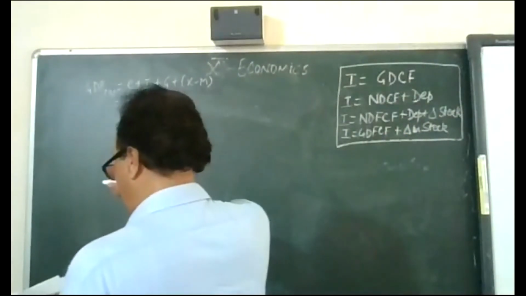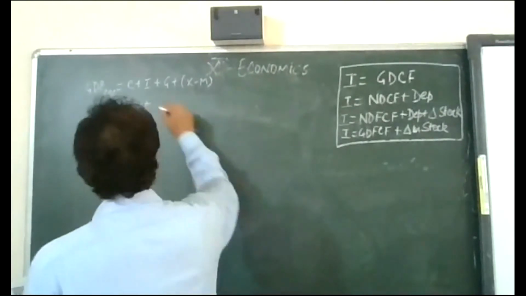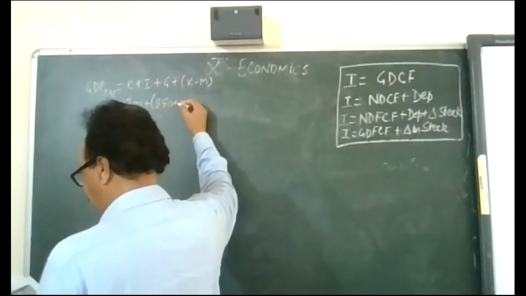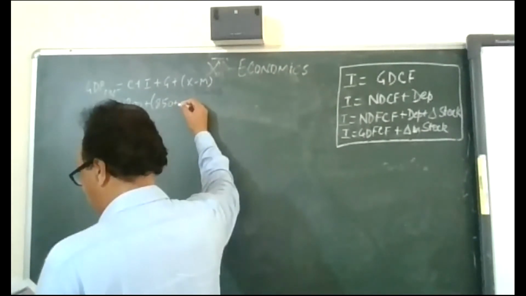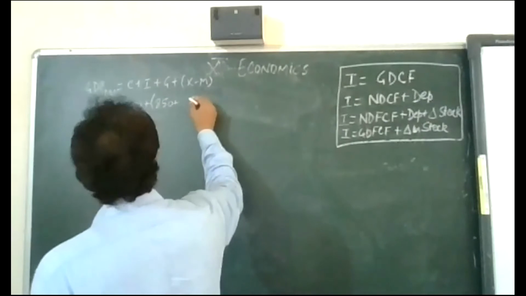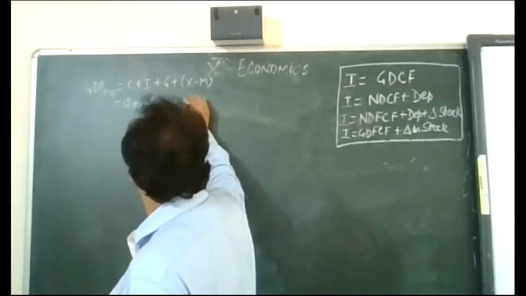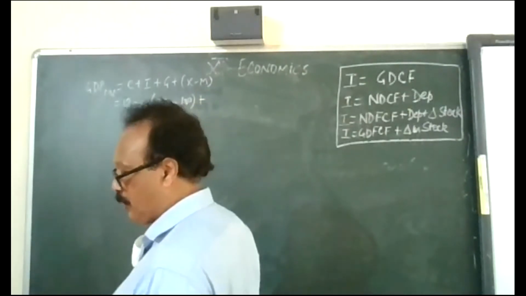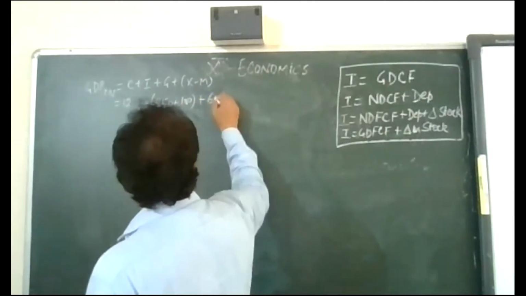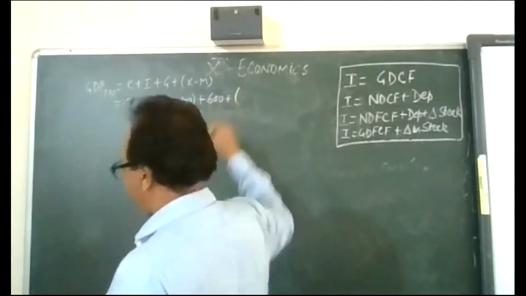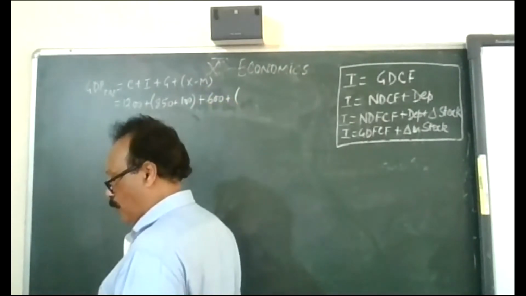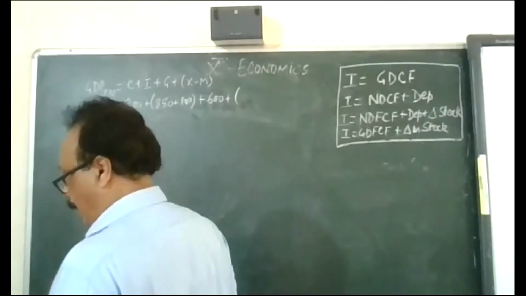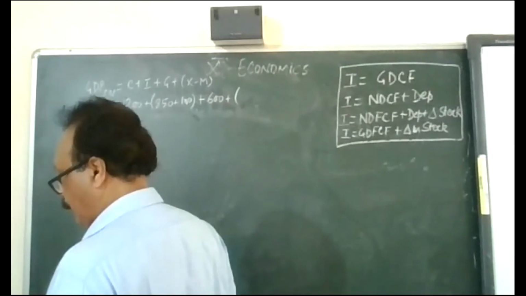The gross domestic fixed capital formation is given as 850, plus change in stock, given as net addition to stock, that is 100, plus government expenditure 600, plus exports minus imports.